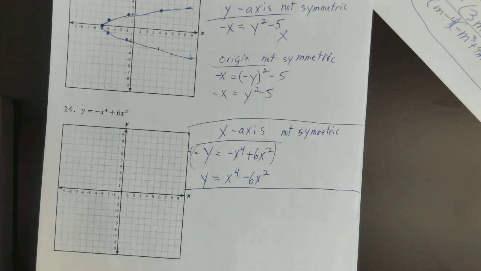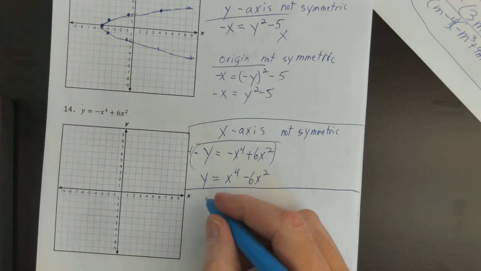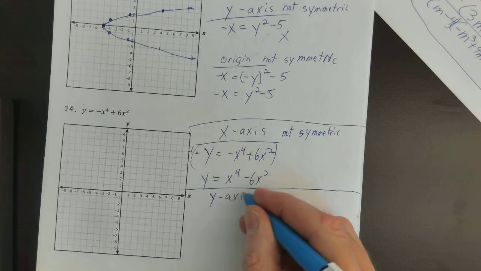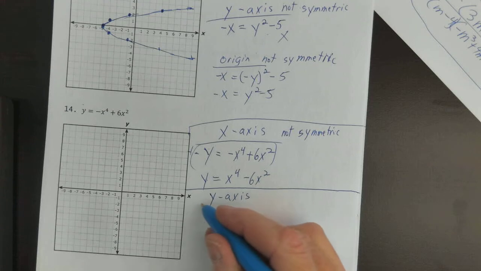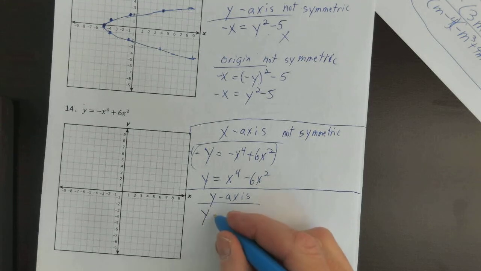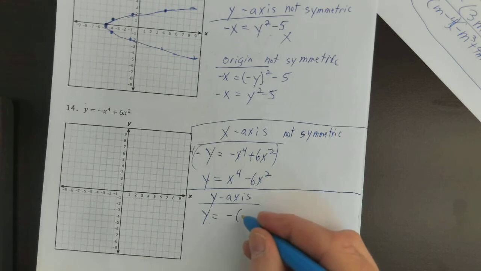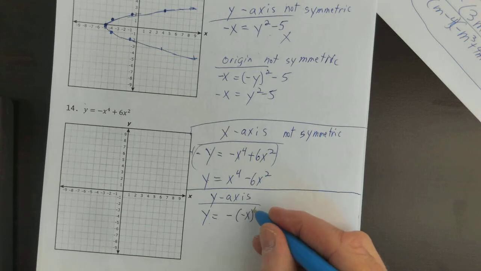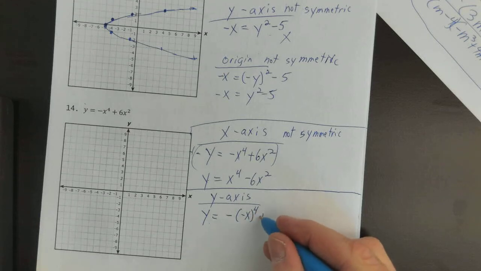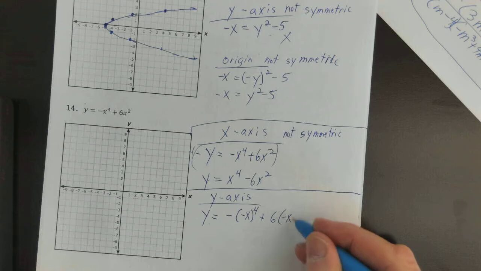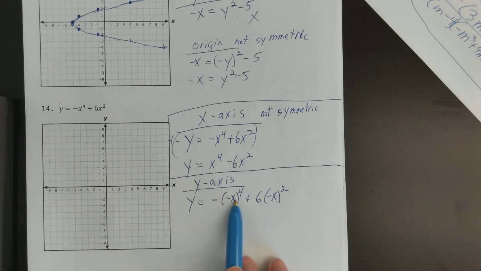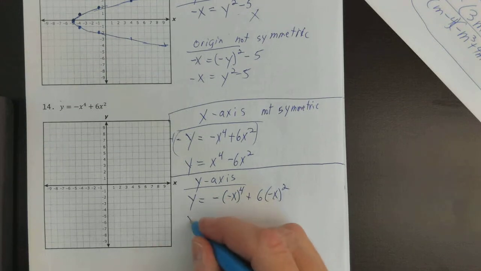Y-axis symmetry. I've got y equals, this negative, and then I'm going to put negative x to the 4th, not to be confused with that one, plus 6 times negative x, and then the square here. Just notice how I'm substituting negative x in for x, using those parentheses.